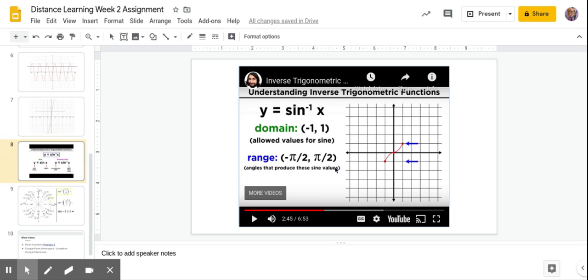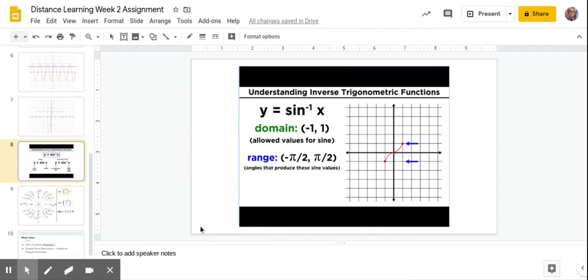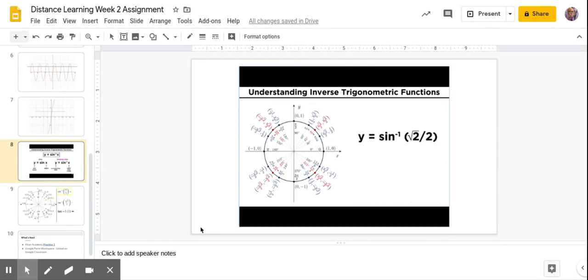And the domain for regular sine, we restricted it from negative pi over 2 to pi over 2. So now the range for arcsine is negative pi over 2 to pi over 2, negative half pi to half pi, because those are the angles we get when we plug in each possible unique sine value. So let's make sure we know how to evaluate these.